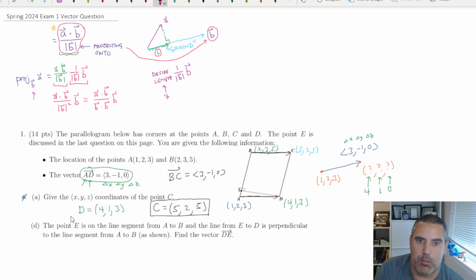Okay, so then there was a question about the point E. In particular, it asked us to find the BE vector. It's another one of these that's kind of open-ended in that there's probably a lot of ways you could get there. One strategy is you could find the point E and then do E minus D to get the vector.